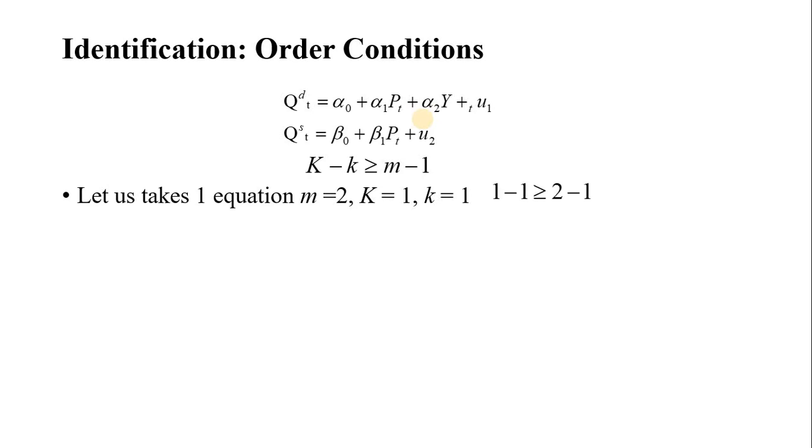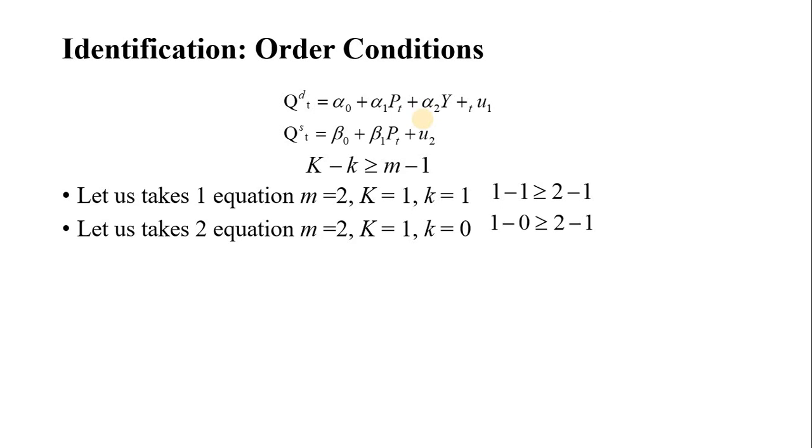The condition K minus k: 1 minus 1 greater than or equal to 2 minus 1. So 1 minus 1 is equal to 0, and 0 is not greater than or equal to 1. The equation is under identified. You take the second equation. Here also m is equal to 2, capital K is equal to 1, small k is equal to 0.